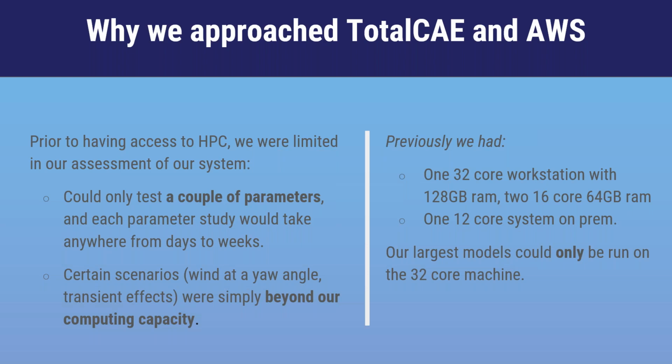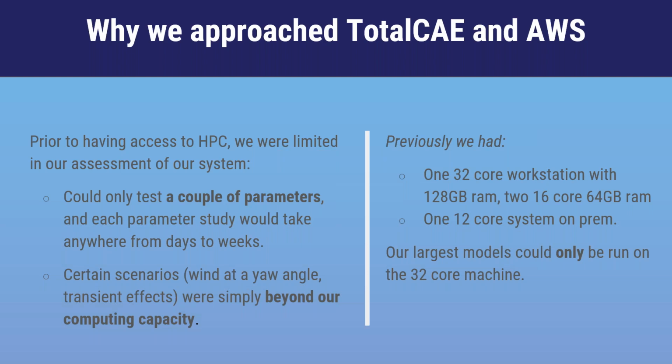We've been running all of our simulations on-prem with several workstations. The biggest one's a 32-core workstation with 128 gigs of RAM. We also have a few 16-core and 12-core systems. And we've been able to run all the iterations we needed for our core IP with that.